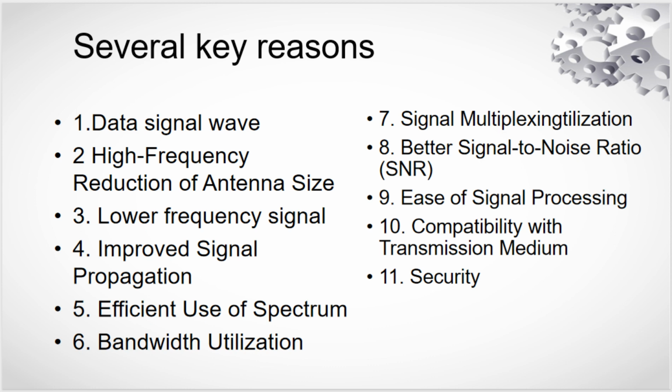A data signal wave such as chat or conversation or music is a low frequency signal wave. A low frequency wave is more susceptible to interference than a high frequency wave. Modulation makes the data signal wave a higher frequency wave.